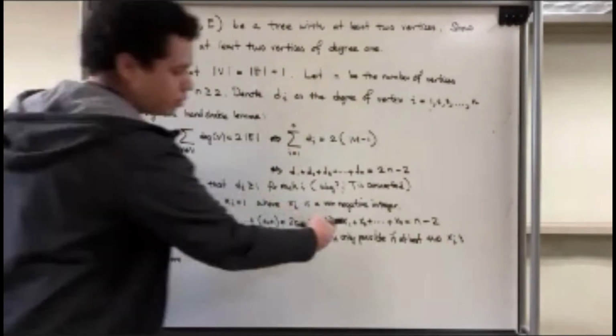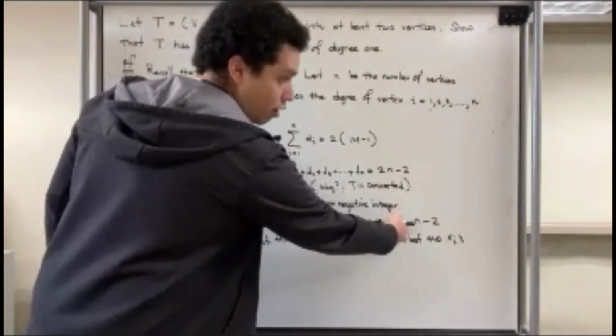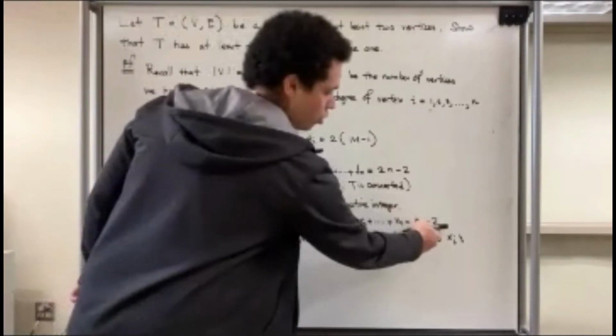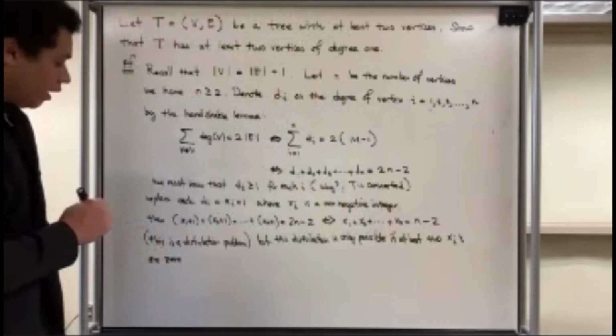Why? Well, otherwise we wouldn't be able to come up with this particular equality, right? It's this 2 that is in front of us that is doing our work.